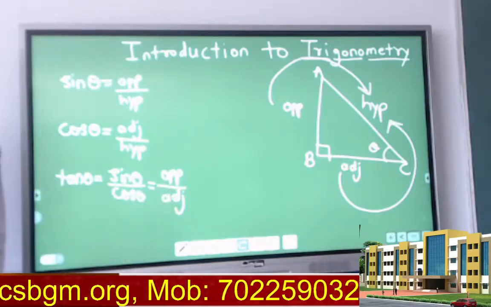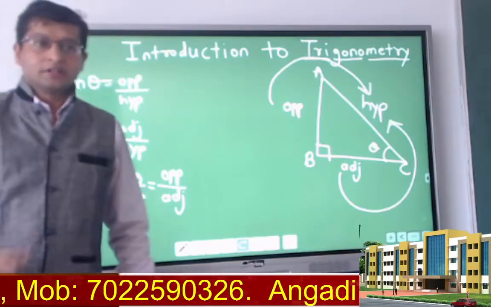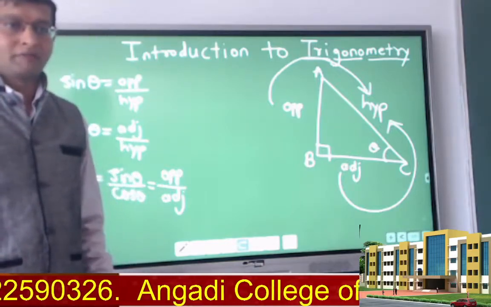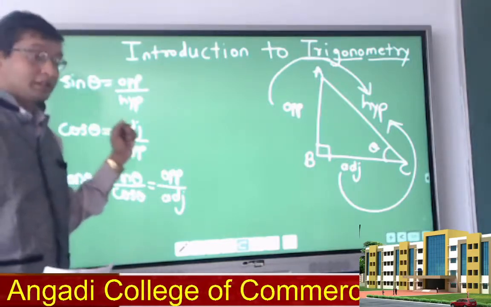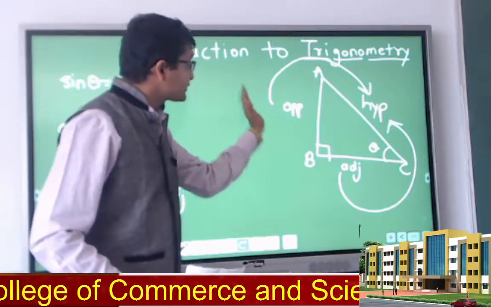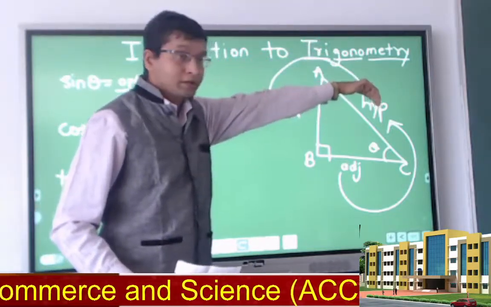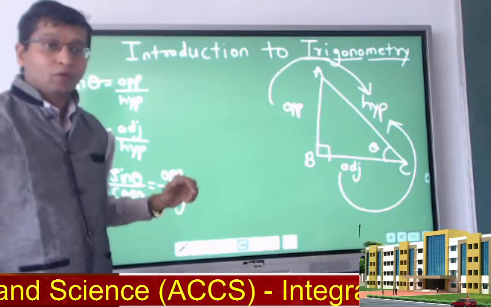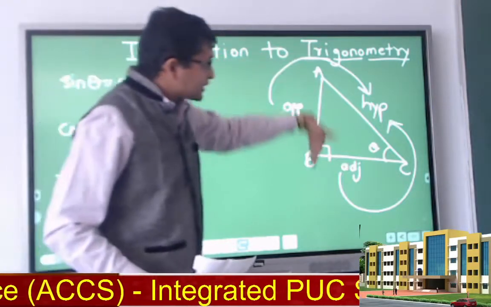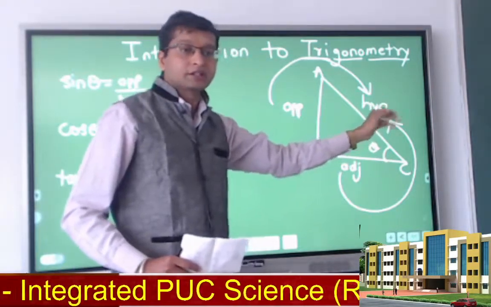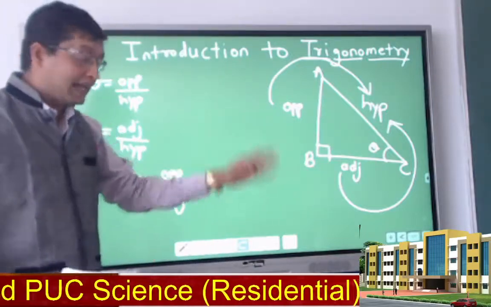So in the 6 trigonometric functions, 3 we have defined. First one is sine theta. Just refer to the diagram. Opposite side divided by hypotenuse is sine theta. What is cos theta? Adjacent side divided by hypotenuse is cos theta. And tan theta is what?